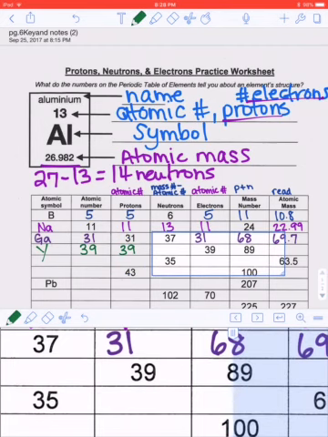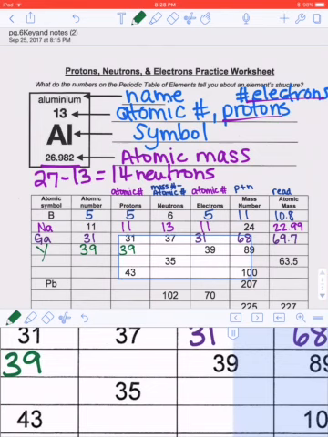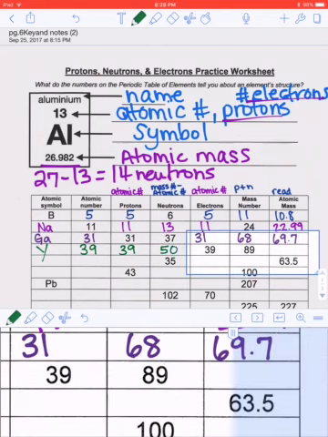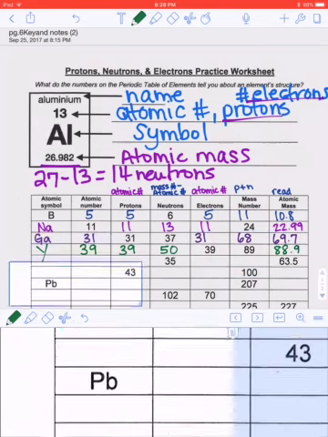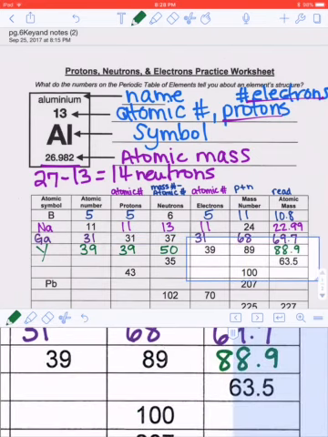The mass number is 89. To figure out neutrons, we do 89 minus the number of protons. So that is giving us 50 neutrons. And then the atomic mass from the table says 88.9.